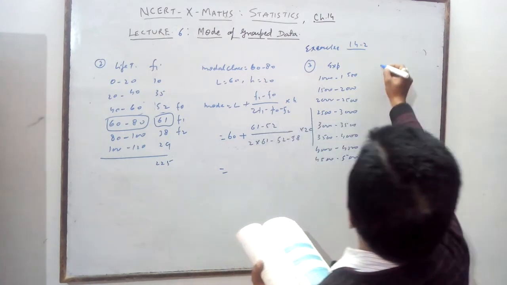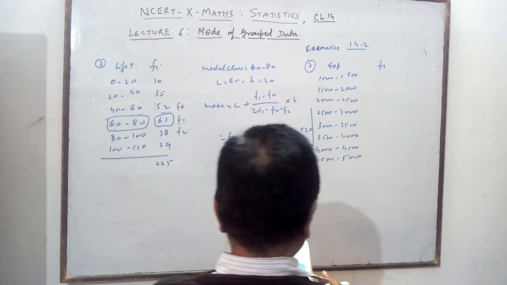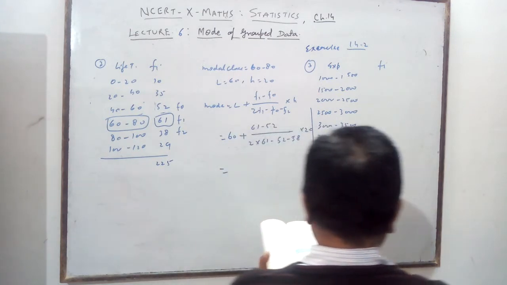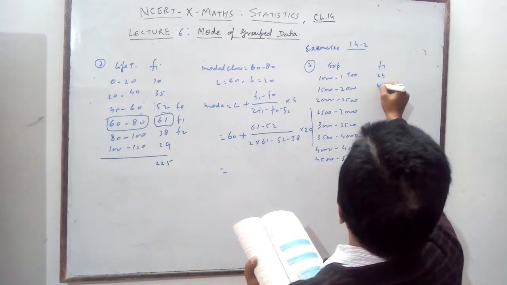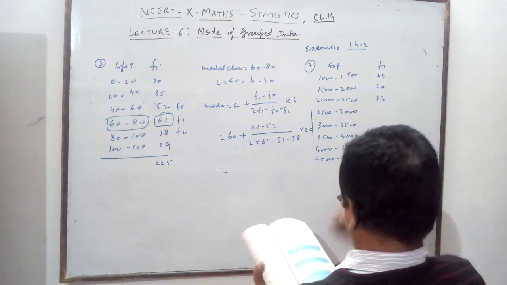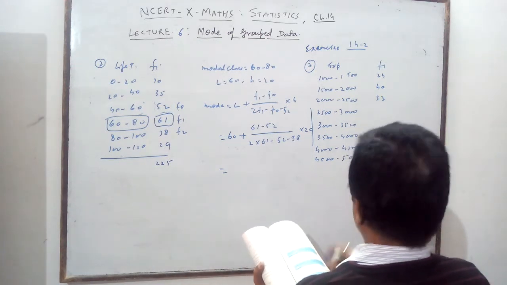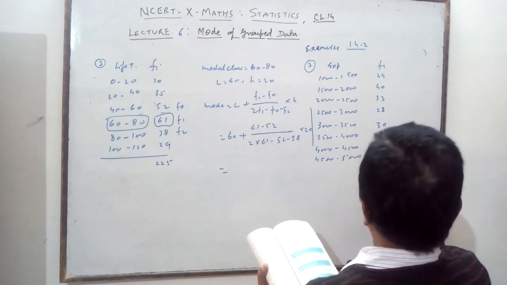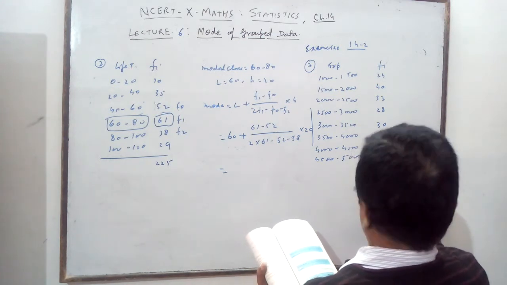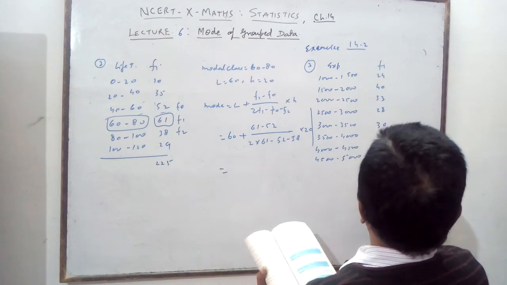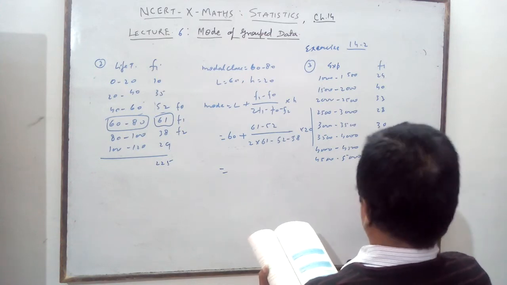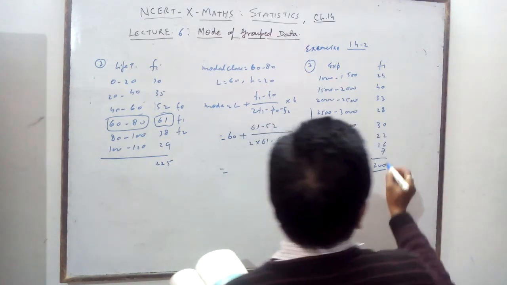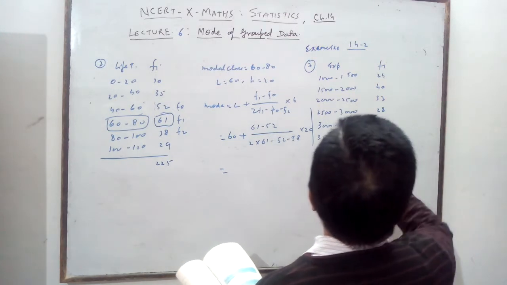The Fi is given as the number of families: 24, 40, 33, 28, 30, 22, 16, 7. It is 200 families, sigma Fi, for the mean.